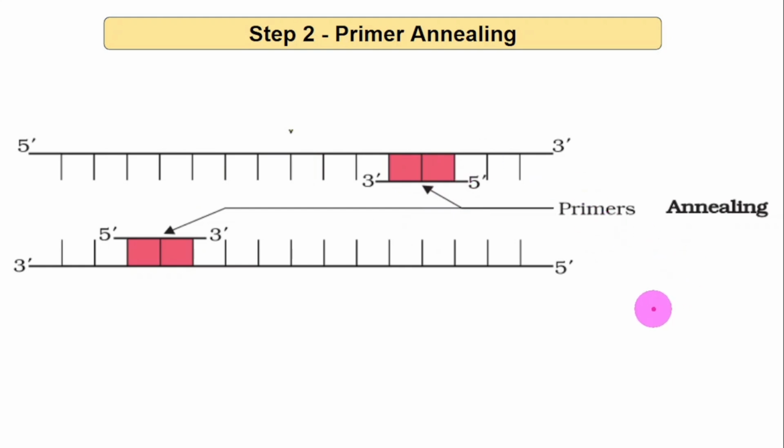Usually the temperature is around 58 degrees Celsius. This is important because the DNA polymerase cannot start from scratch. It needs a stepping stone. So the primer provides the 3' end, and then DNA polymerase can add new nucleotides according to sequence complementarity and extend the primer.